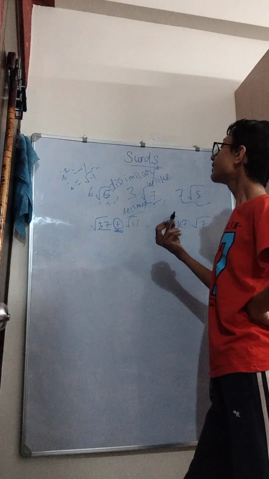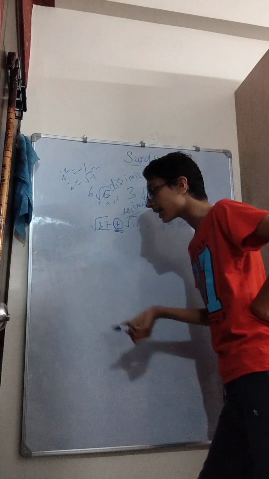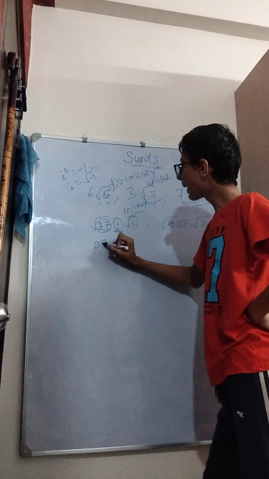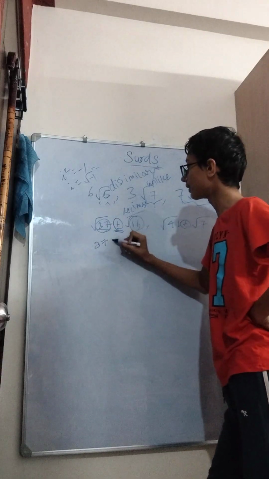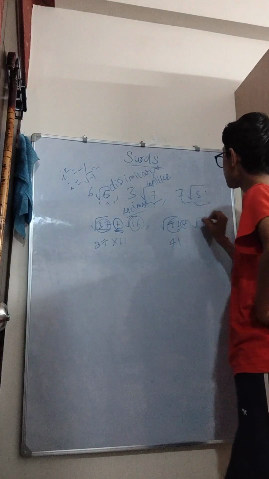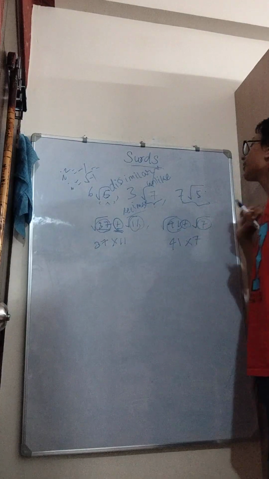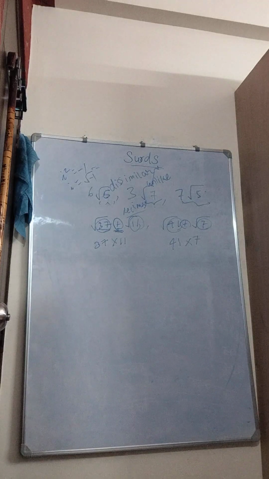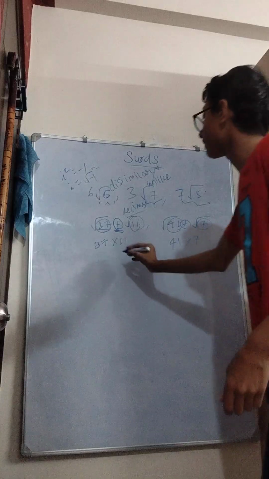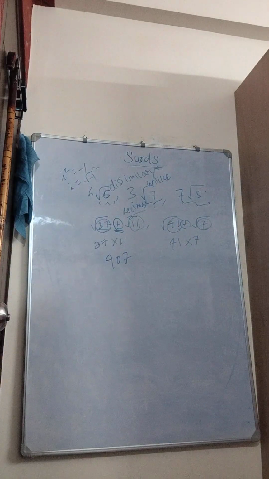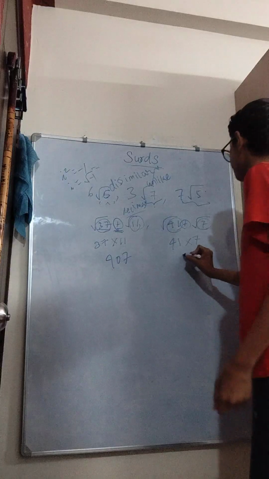So instead of finding the decimal values and then comparing, multiply this radicand with this radicand, and this radicand with this radicand. So it's 37 into 11 and 41 into 7. 37 into 11 is 407 and 41 into 7 is 287.